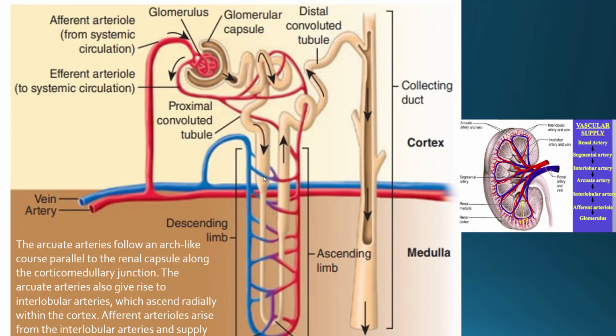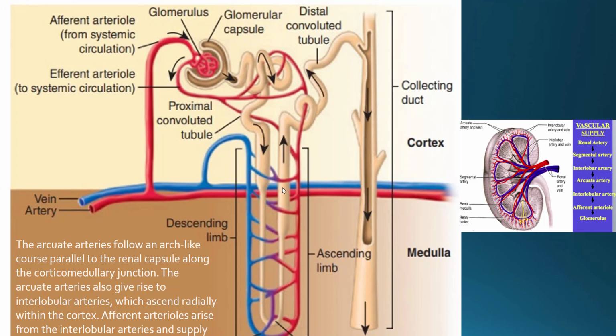This is the proximal convoluted tubule. It ends at the descending limb of the loop of Henle. From here, the descending loop of Henle begins. The loop of Henle has two limbs, the descending and ascending limb.